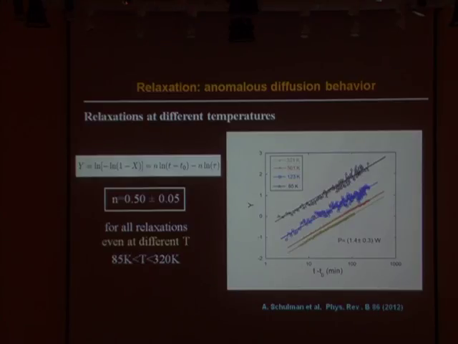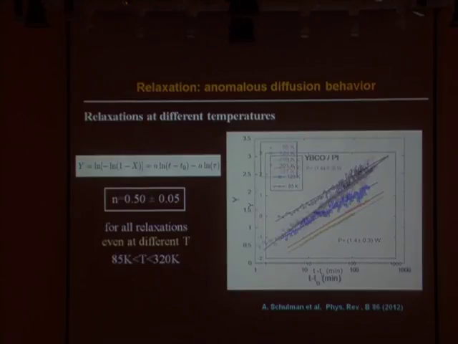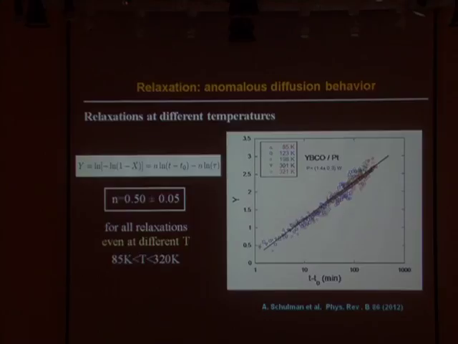So this exponent is not temperature dependent, and for all the relaxations we obtain the same exponent. If you apply a convenient shift, you can see that most of the curves fall in the same line, so you always obtain parallel curves here.